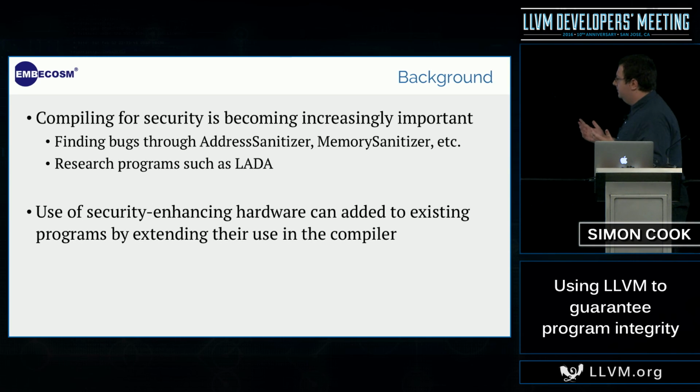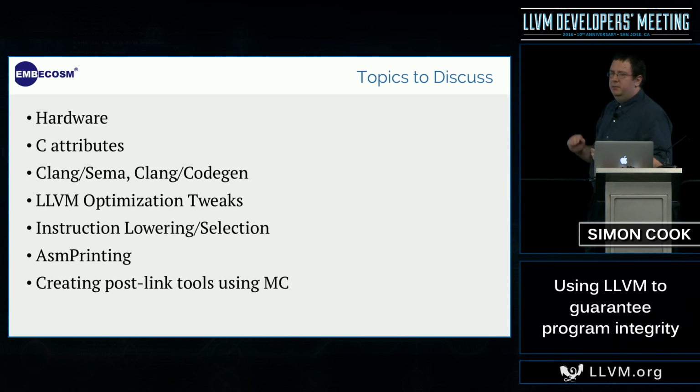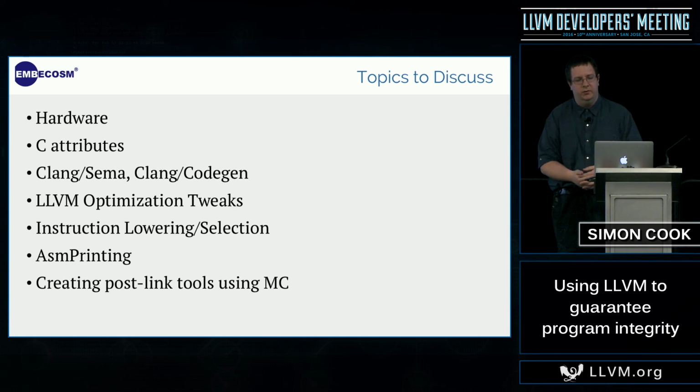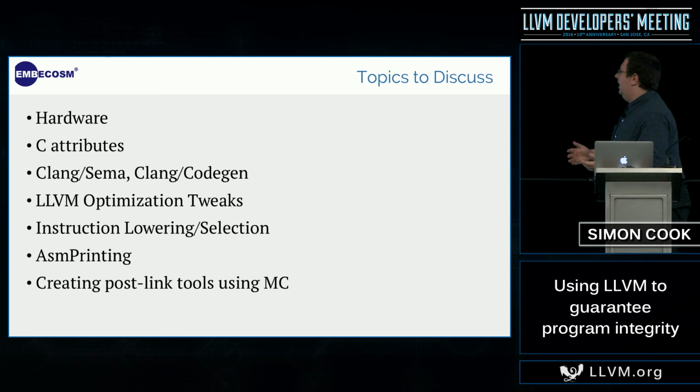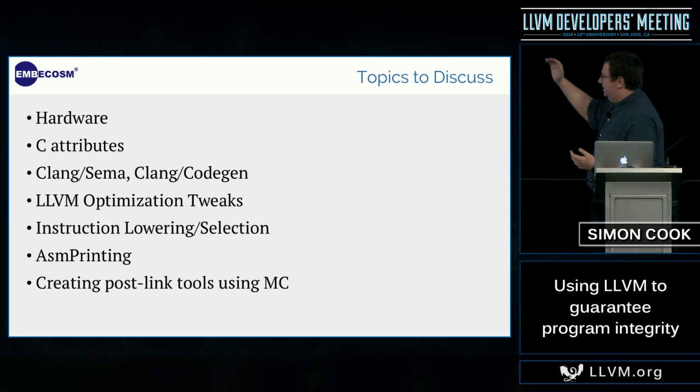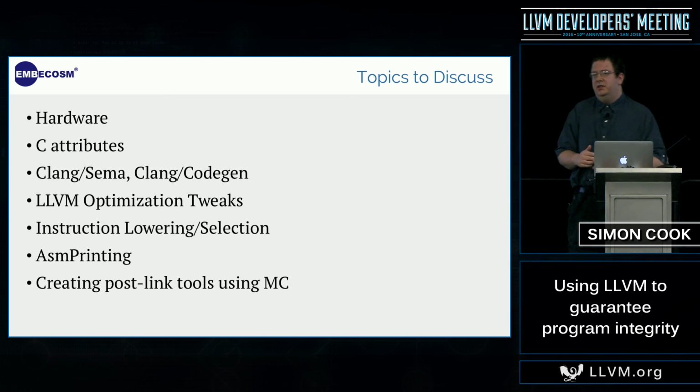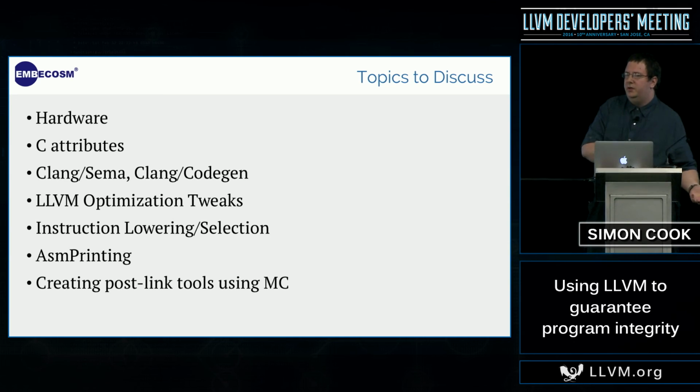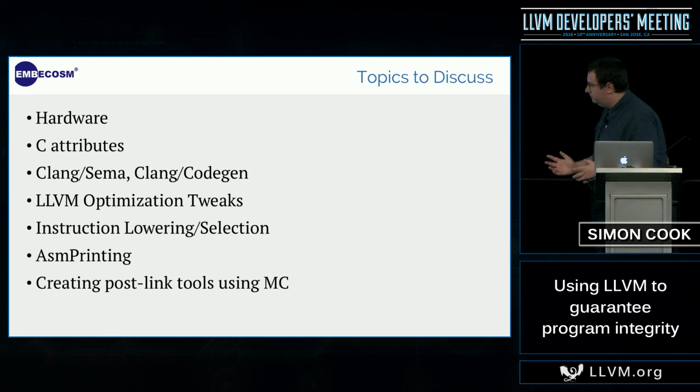Now, overall, what I'm going to be describing is one particular hardware implementation we've had to implement for an out-of-tree backend we've been working on, and various layers within the compiler that you may want to modify to help you get the information you want.